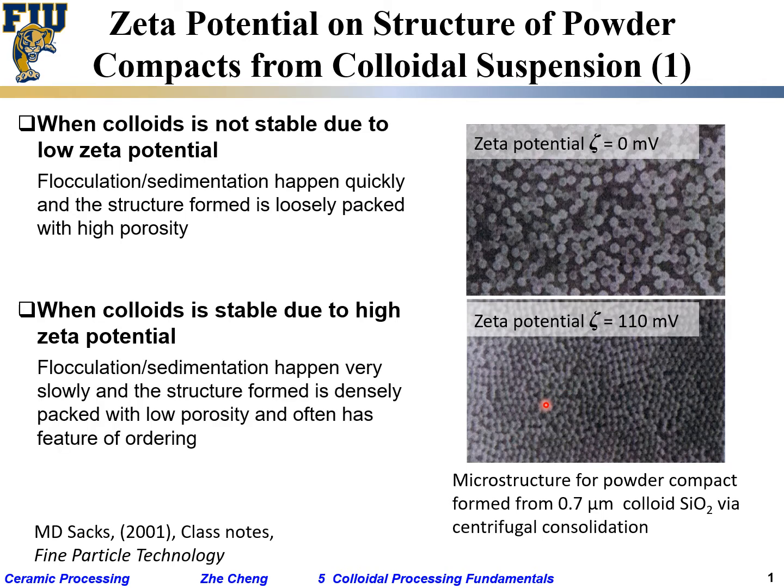Okay, so flocculation would happen very slowly. This one you probably have to wait for weeks or even longer. If the particles are fine enough, you probably find it never drops to the bottom. Okay, it's densely packed with low porosity and often has a feature of ordering.